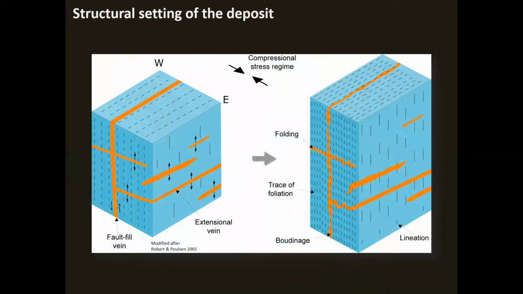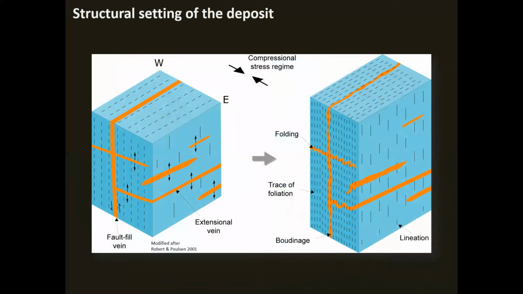The structural setting for this deposit is like this: we start off at the left-hand side of this picture, and we have two vein sets, one fault fill vein set, which is the steeper one, and then an extensional vein set, which is almost horizontal or very flat lying.